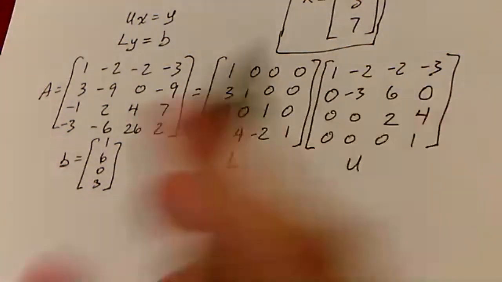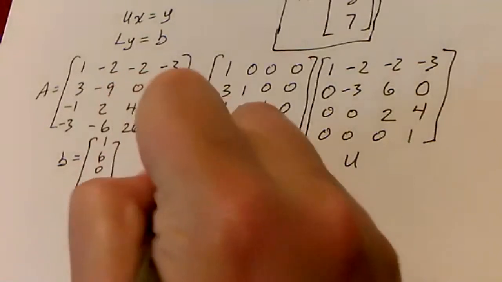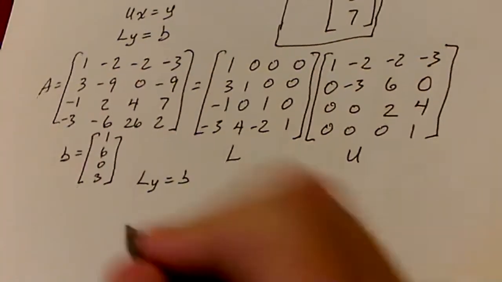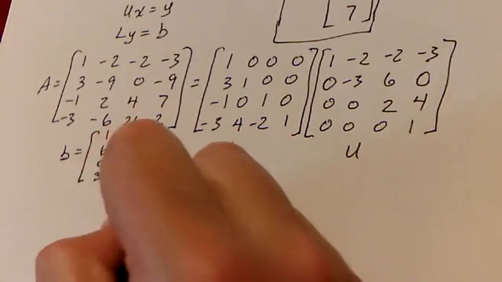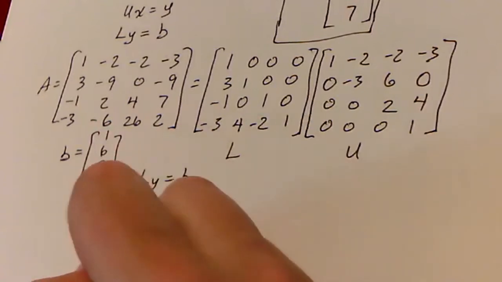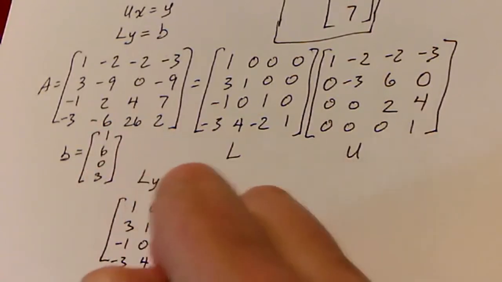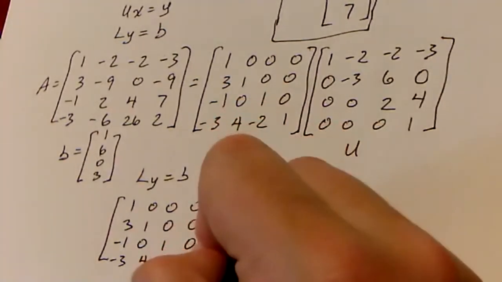So first, I need to take b and find y. So Ly equals b. I'm going to write L: 1 0 0 0, 3 1 0 0, negative 1 0 1 0, negative 3 4 negative 2 1. Augment that with my b vector 1 6 0 3.